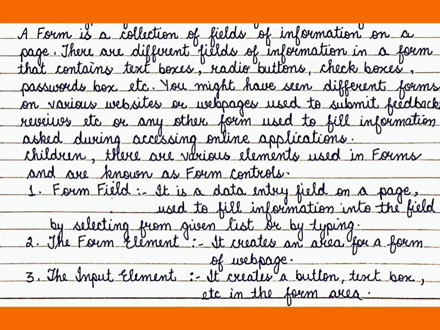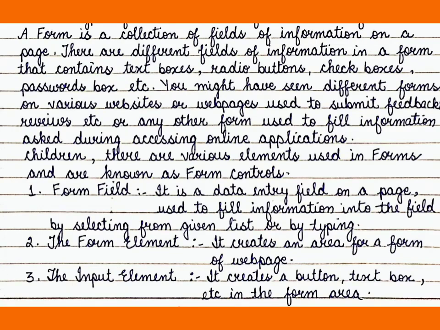There are different fields of information in a form that contain text boxes, radio buttons, check boxes, password boxes, etc. You might have seen different forms on various websites or web pages used to submit feedbacks, reviews, etc., or any other form used to fill information asked during accessing online applications.